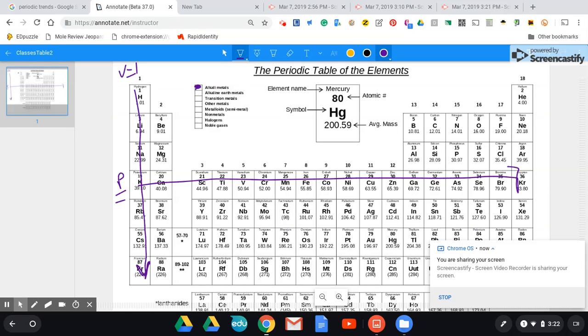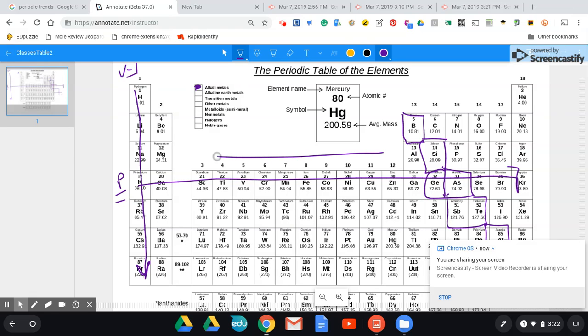Now, things you need to know. Right here, if we keep going down our little staircase, this would be the metalloids. These are the ones that separate.